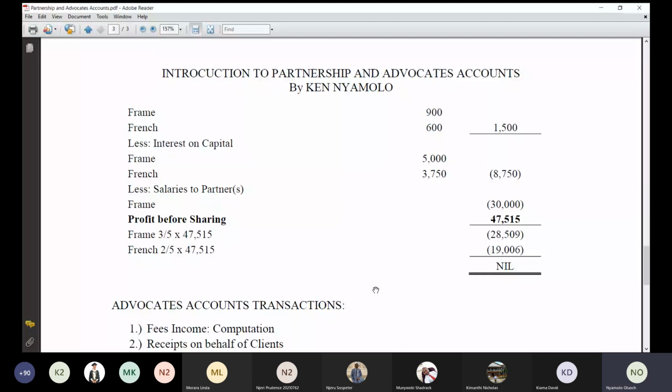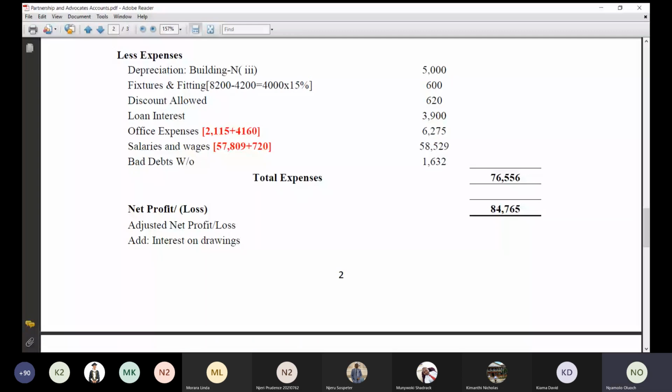So the rest of the items will be posted to your balance sheet the normal way. The format that Linda had given you, I would wish that we post all these other things, all these balance sheet items, on that format of the balance sheet that was given.